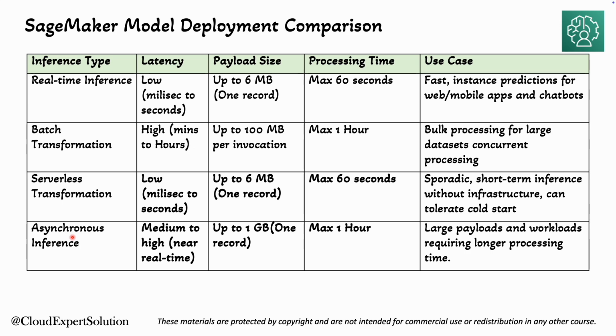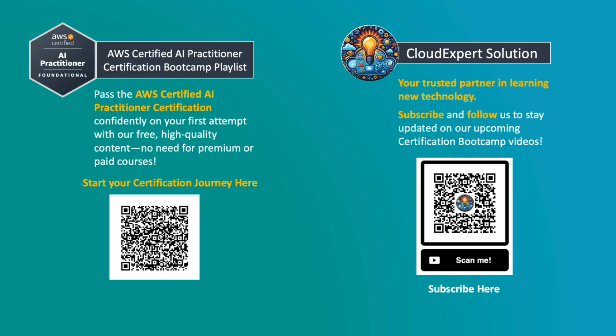As I mentioned earlier, you should remember this grid by heart to identify the optimal SageMaker model deployment and inferencing option. Please stay tuned and explore other modules from the bootcamp playlist for a comprehensive understanding of the topics required for the certification.